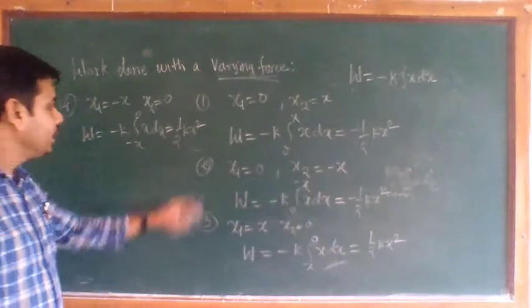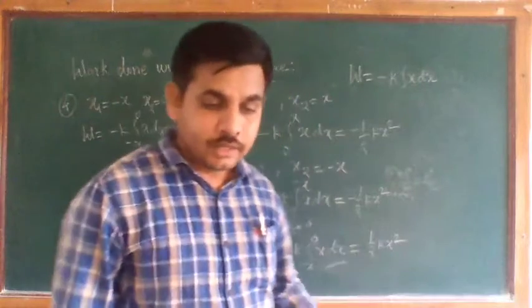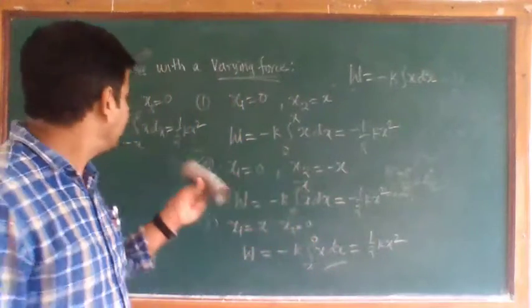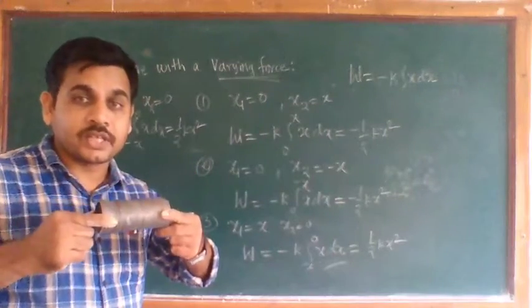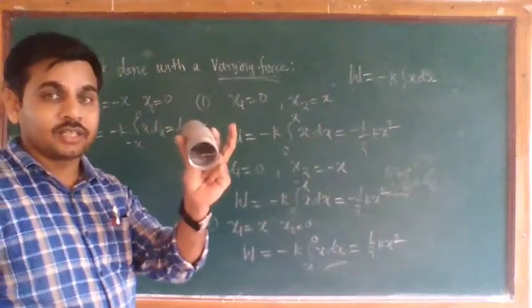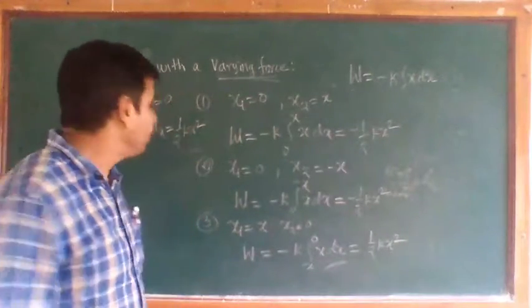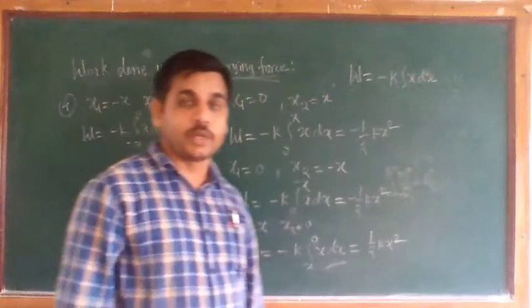So the work done is 1/2 kx square. In the fourth condition, initially the spring is in the compressed state and finally at the natural state, x2 is equal to 0, and you get the total work done 1/2 kx square.